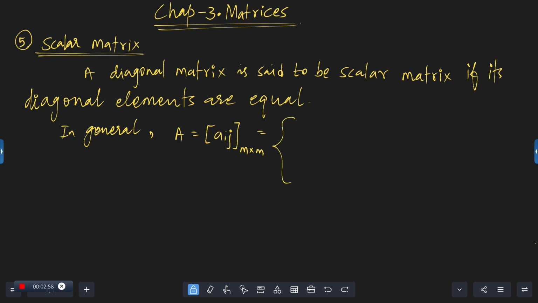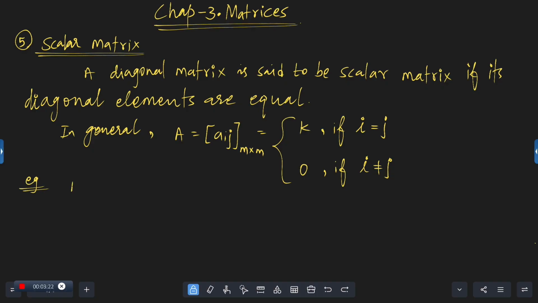Here, what will you be getting? Either 0 or a constant. When will you get the constant? If i equals j, you will get the constant. If i and j are not equal, you will get a 0. That is the example I am giving.